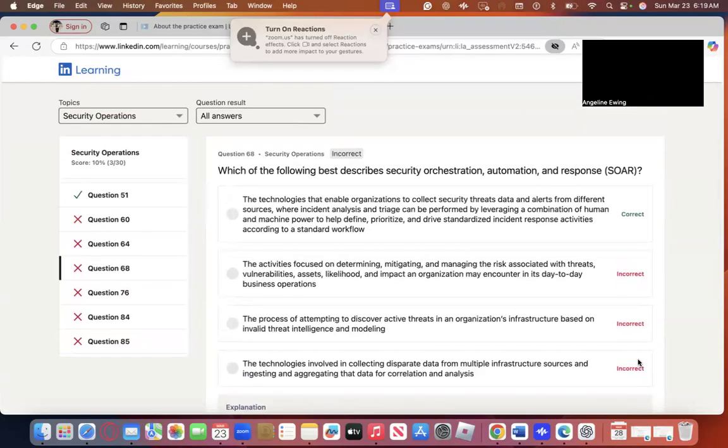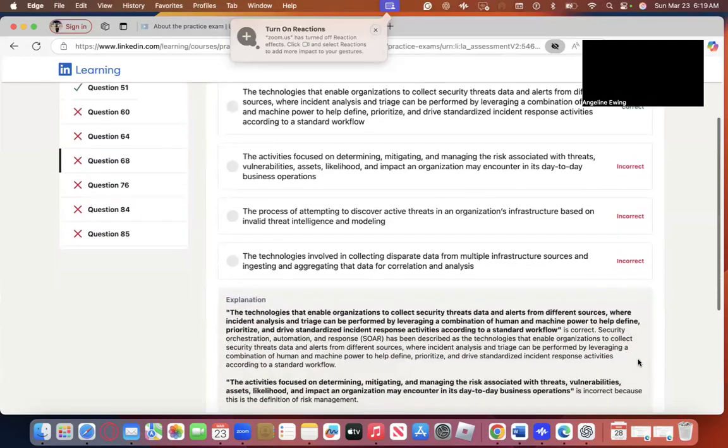SOAR is the technologies that enable organizations to collect security threat data and alerts from different sources, where incident analysis and triage can be performed by leveraging a combination of human and machine power to help define, prioritize, and drive standardized incident response activities according to a standard workflow.